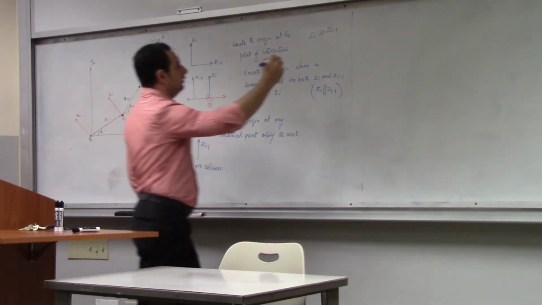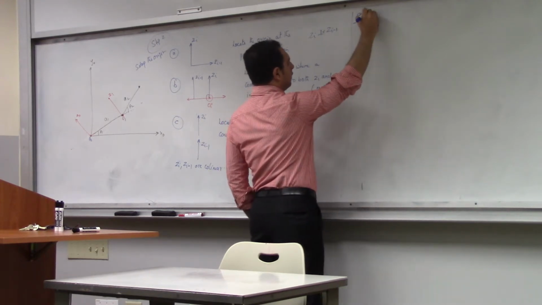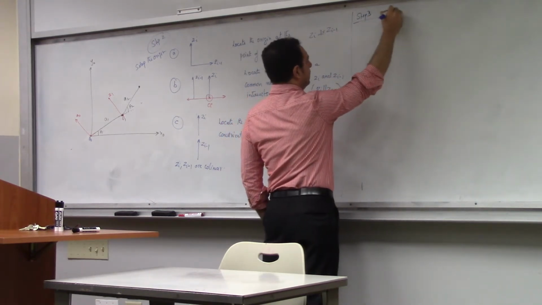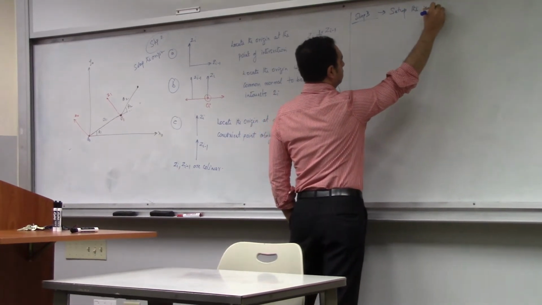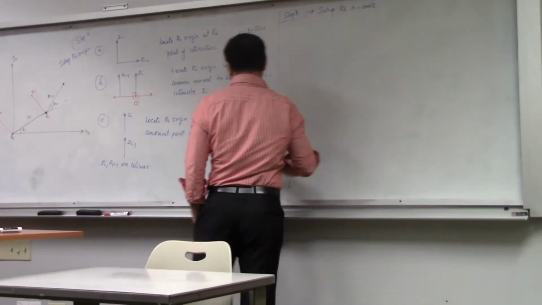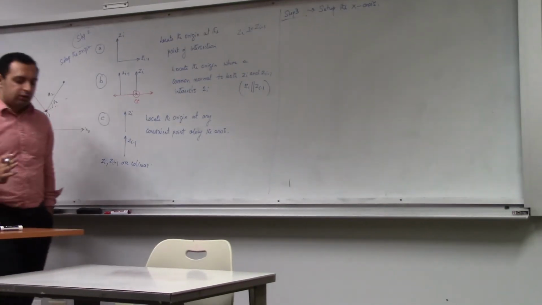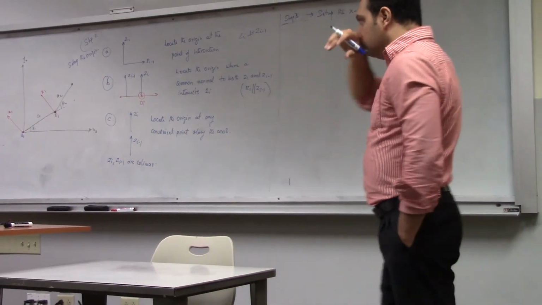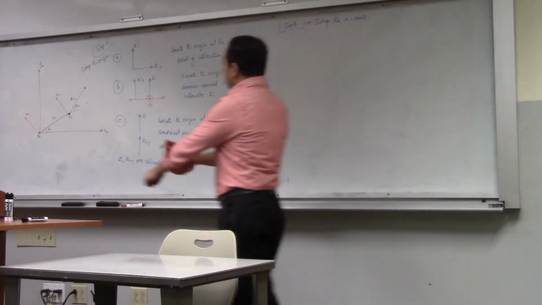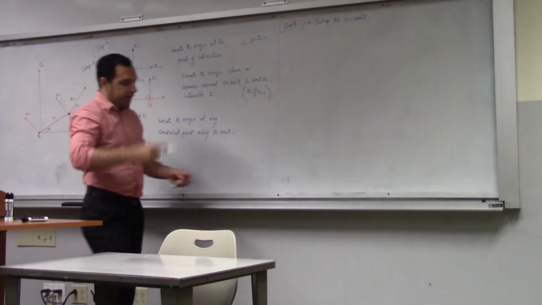So let's go to step 3, which is set up the x-axis. Okay, now if you have a manipulator structure, we have to make sure that the homogeneous transform we get is unique, right?